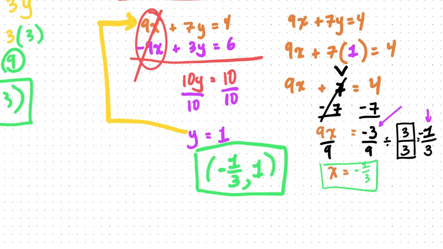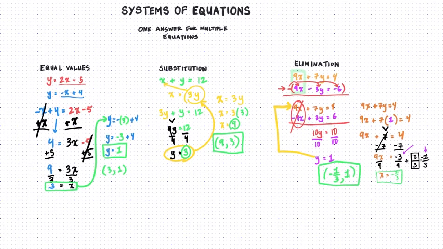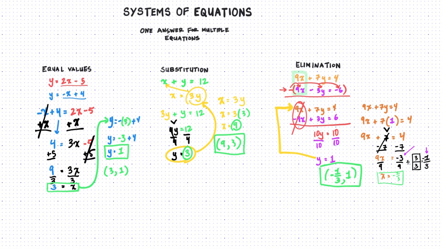All right, so let's summarize what we just did. As a reminder, systems of equations is all about finding one answer that solves multiple equations. With the equal values method, we had two equations that were both set to the same value. And we could take both of those halves, stick them together into one equation, and solve.